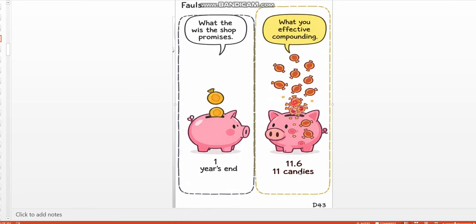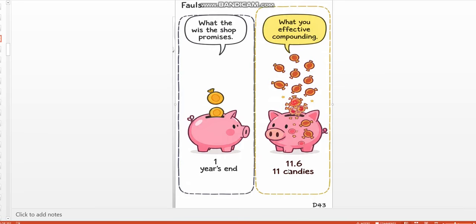It means that we, the bank, are factoring in the magic of compound, the effect that every sweet will also generate its own interest.